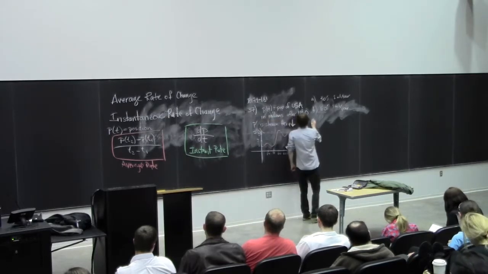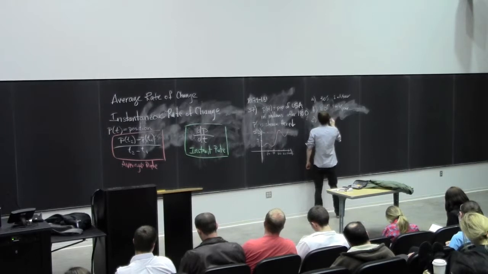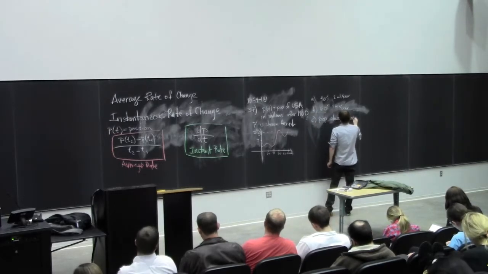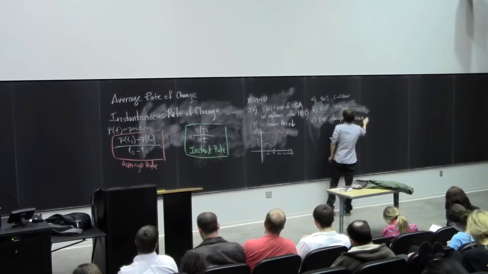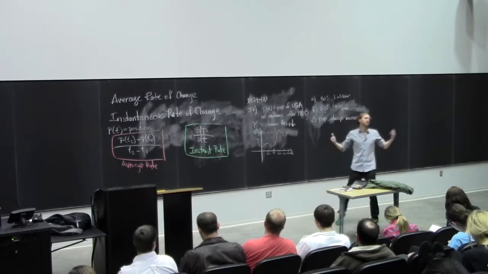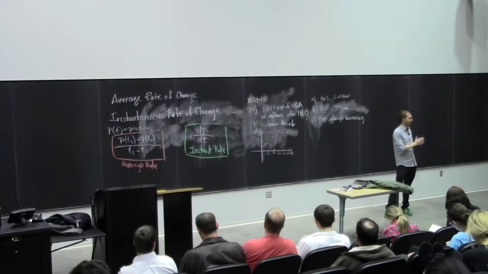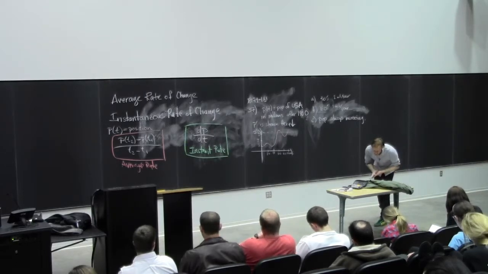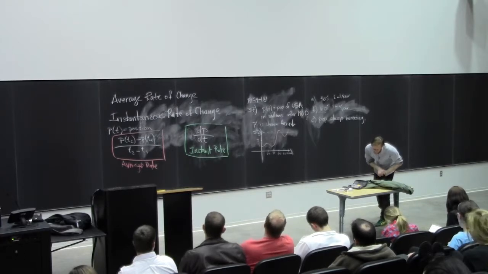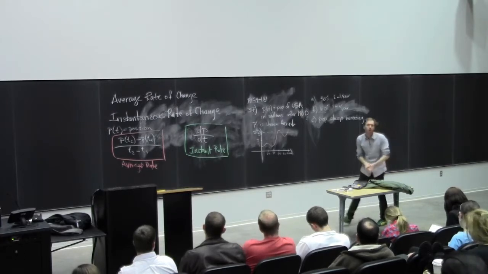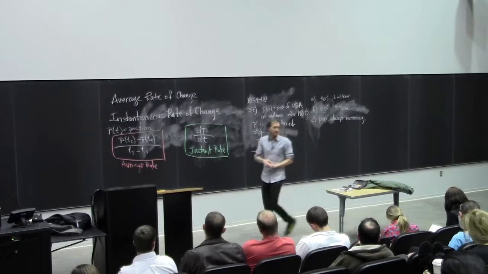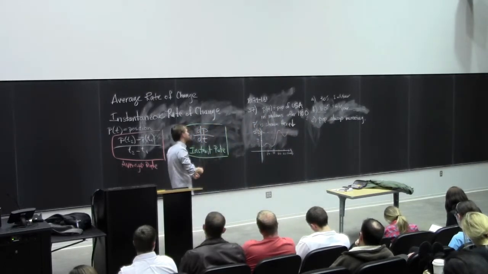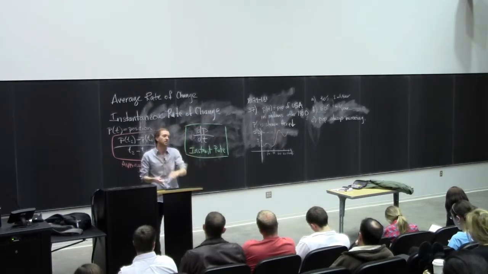So C, population always increasing, because the derivative was positive the entire time. All right. In what years was the population growth rate increasing?